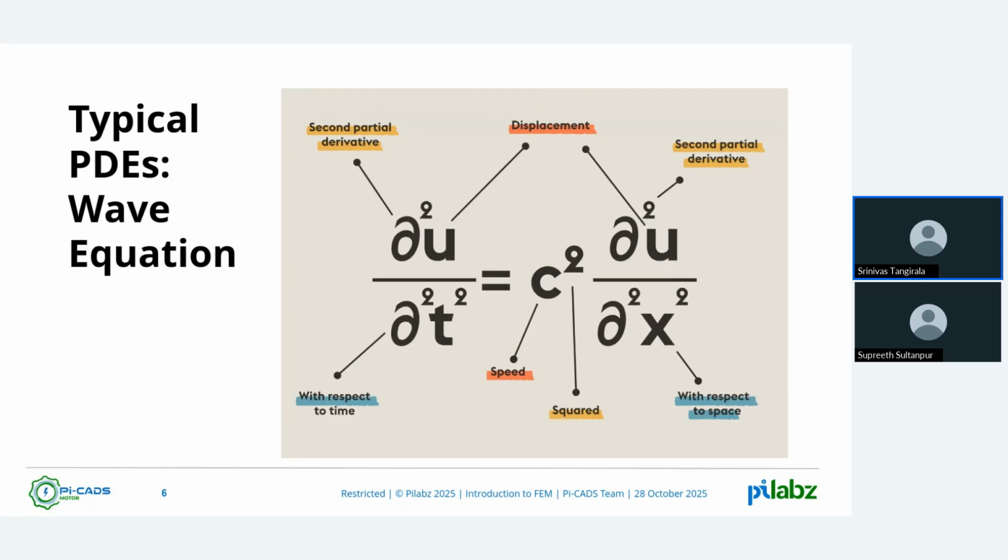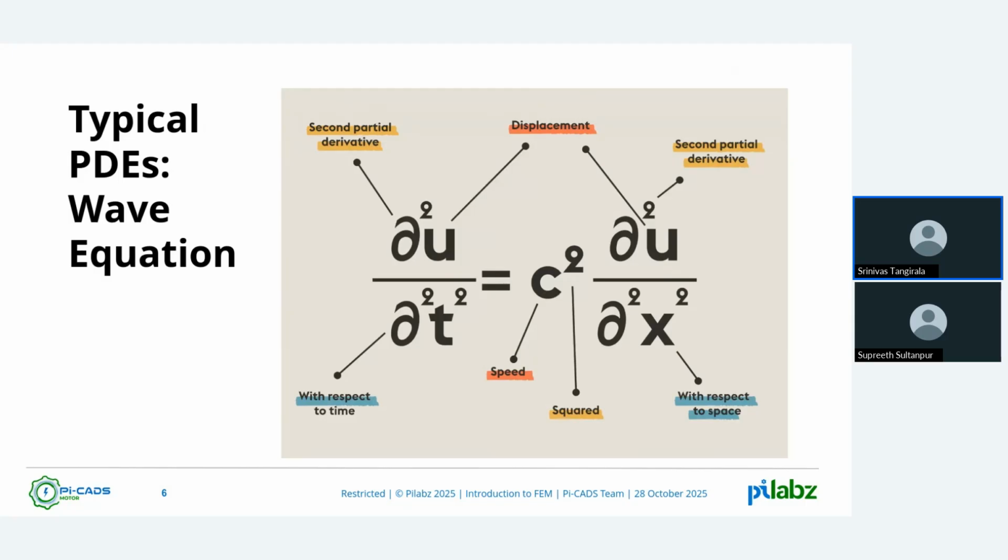It can change with time, it can change with temperature. Those kinds of physical phenomena you have to represent using PDEs. If it is very simple, where some position or quantity changes with only one variable, then you can represent it using ordinary differential equations. Okay, that's all you need to understand.